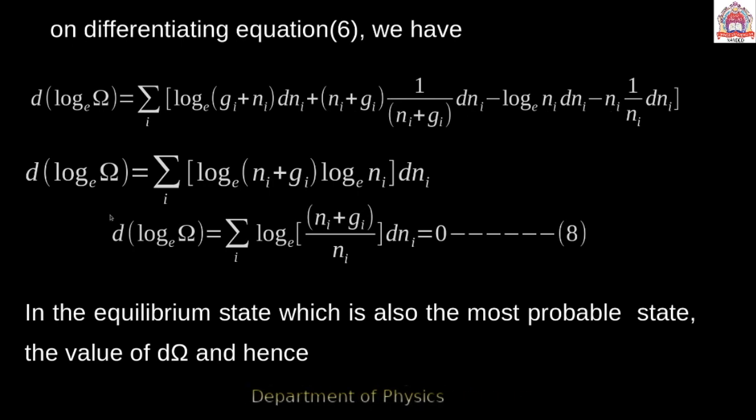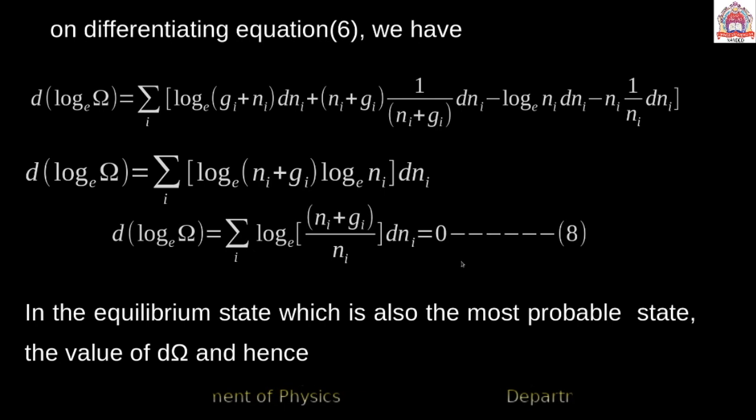By rearranging, we get d log probability equal to summation of log ((ni plus gi) by ni) dni, which is equal to 0. That is equation number 8.